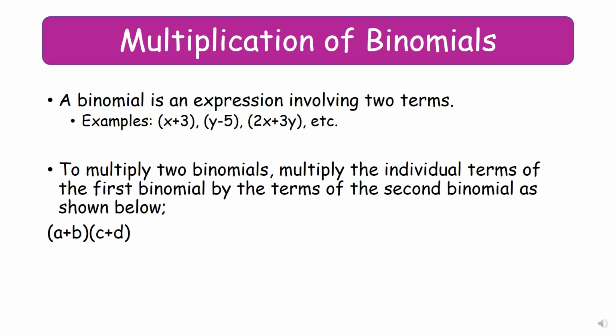Given the binomials a plus b and c plus d, their product is given by the first term of the first binomial, a, multiplied by the whole binomial c plus d, plus the second term b multiplied by the whole binomial c plus d.